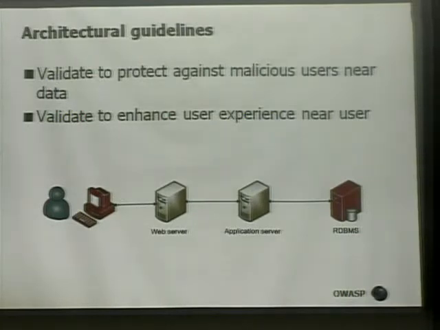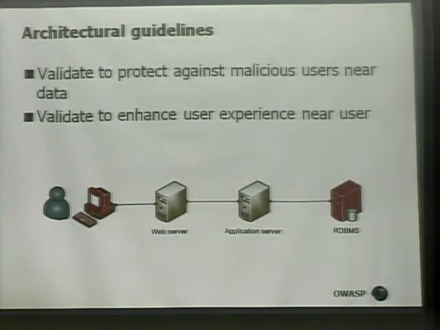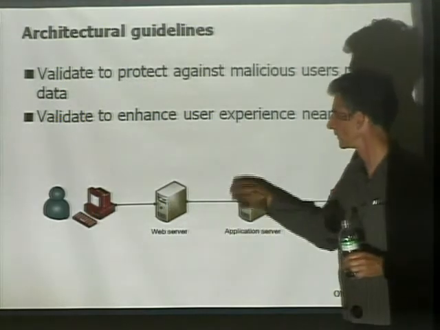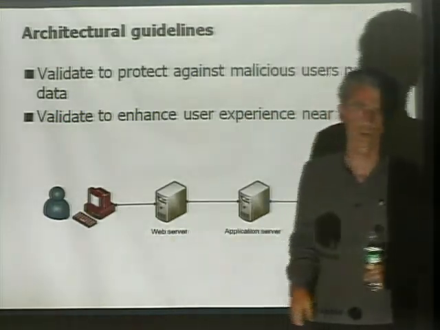So my contention is that you should validate to protect against malicious users near the data, and I've shown you how I plan to do that, and validate to enhance the user experience near the user. So basically we've migrated the validation to the extremes. So there was complete validation here, and there was validation here and validation there too, but they were not complete.